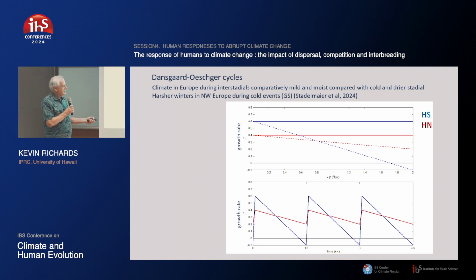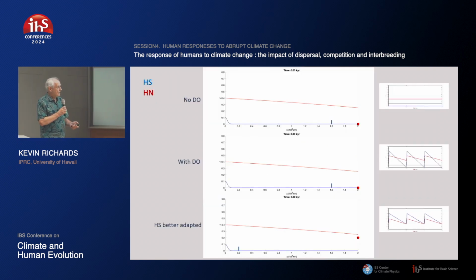And note, because we're assuming that the Homo sapiens are not adapted at all to these colder conditions, there's a significant time when their effective growth rate is less than that of Neanderthals. So that is our climate model.